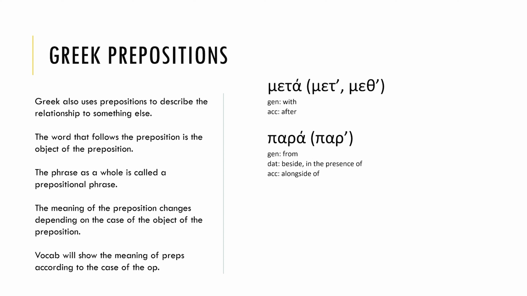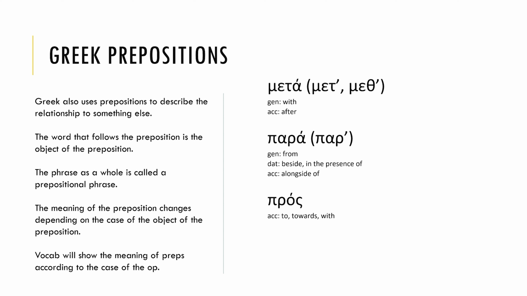If you have para with a noun with a dative ending, it's going to mean beside or in the presence of. And if you put para with a noun that has the accusative ending, para in that case is going to mean alongside of. So you can see that sometimes prepositions have three meanings. They can have two, and then sometimes they only have one.